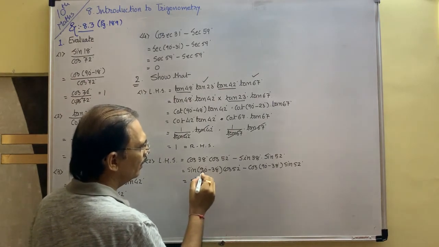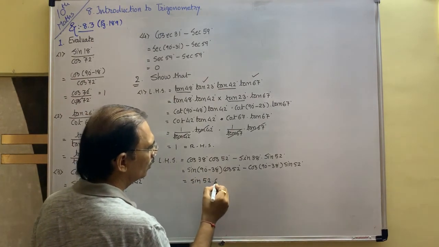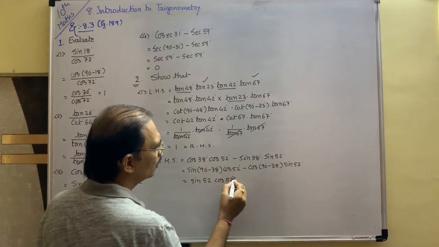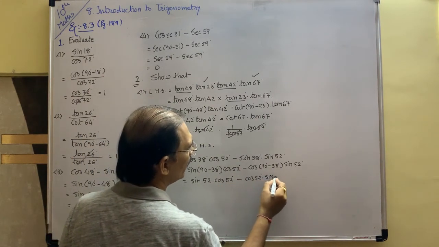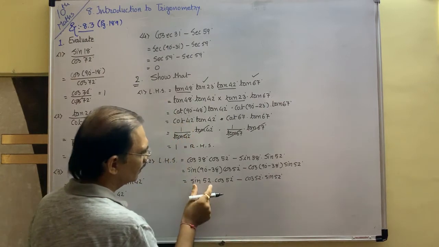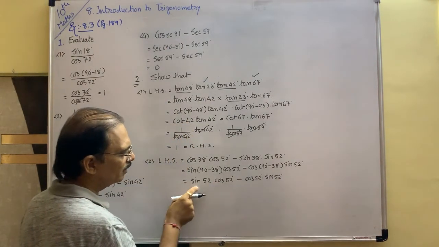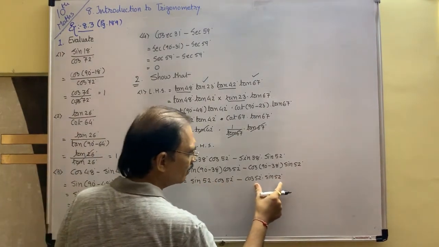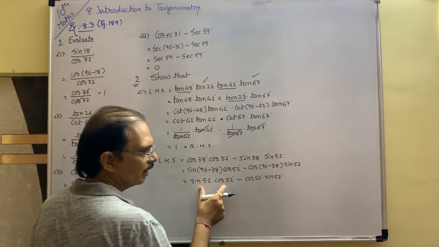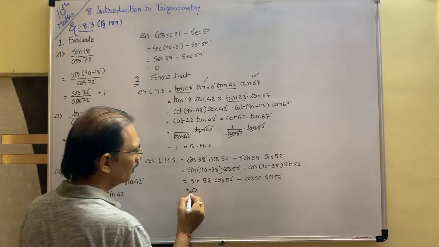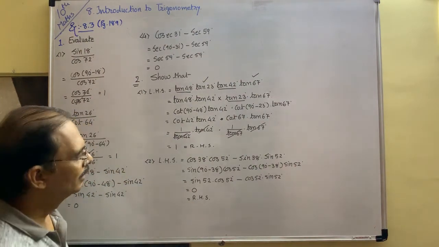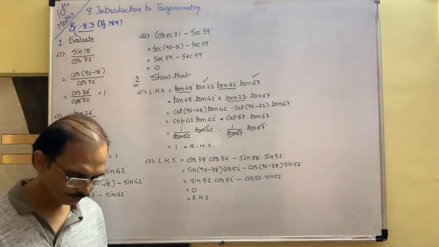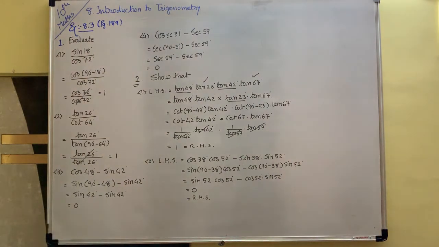So this is sin 52 into cos 52 minus cos 52 into sin 52. See, both are the same: the term minus the same term equals 0. And this is your RHS. That is question number 2, so write it properly. After that we will start number 3.